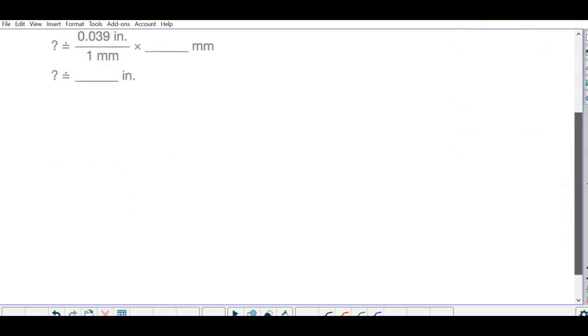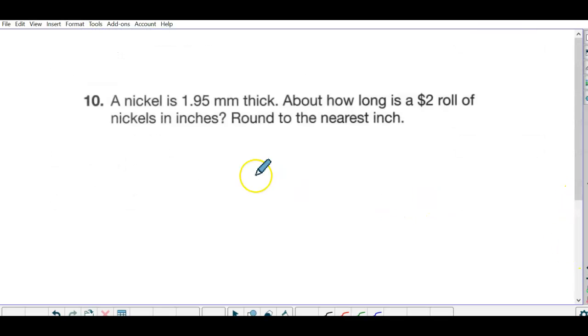I do want to go through one of the practice questions. In question 10, it says a nickel is 1.95 millimeters thick. About how long is a $2 roll of nickels? If you've ever rolled nickels and taken them to the bank, we want to know how long this is. We don't know how long it is in metric or imperial.